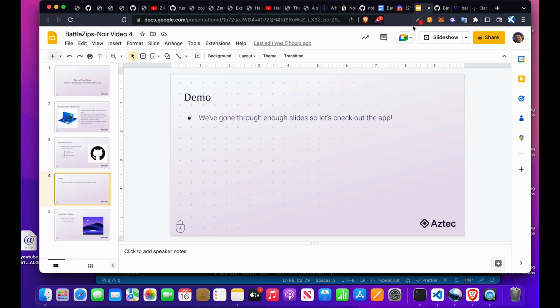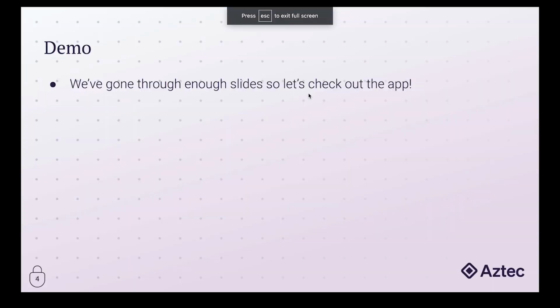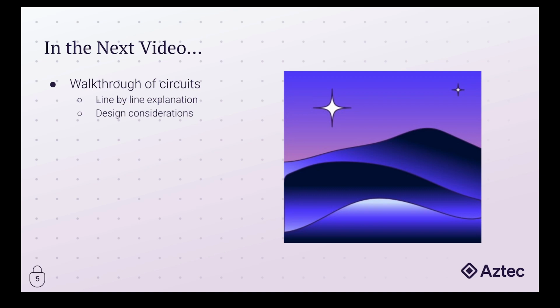But with that, that wraps up today's demo. And looking ahead to the next video, we're going to do a walkthrough of the Noir circuits we implemented, give a line-by-line explanation, and also explore some of the design considerations made just due to the current state of the language. But thank you for sticking around for video 4, and look forward to seeing you in video 5.